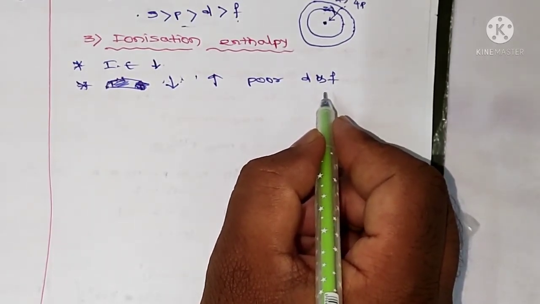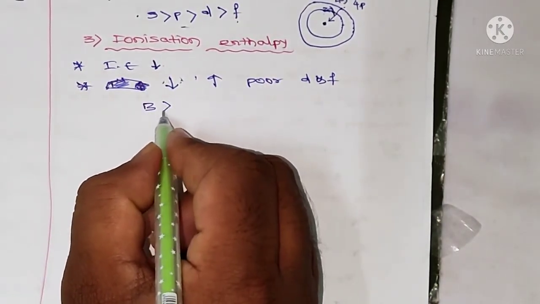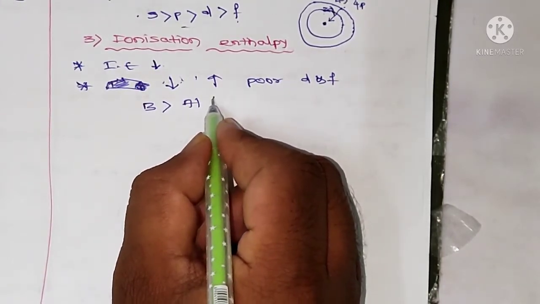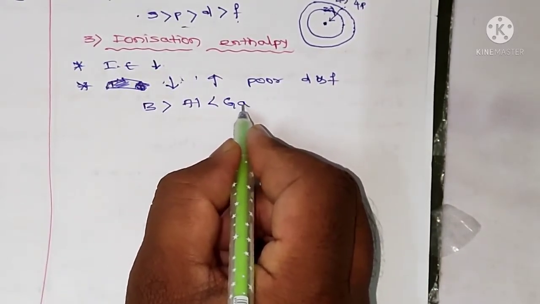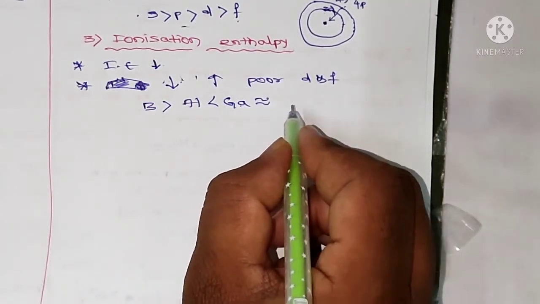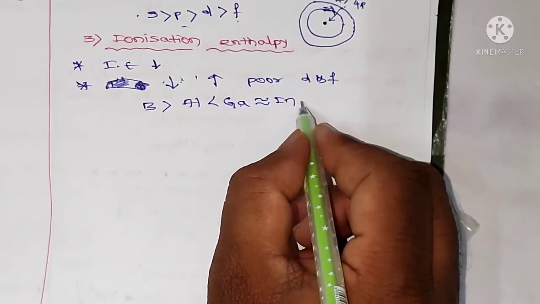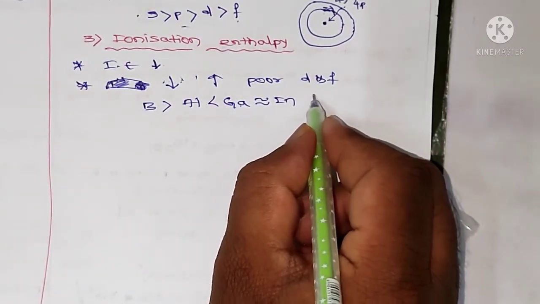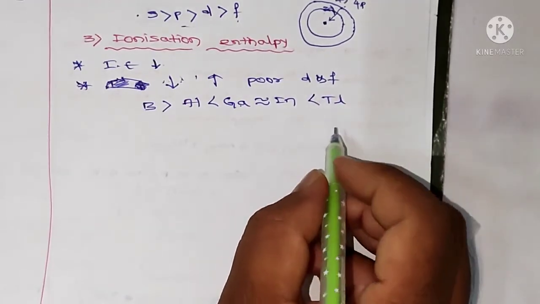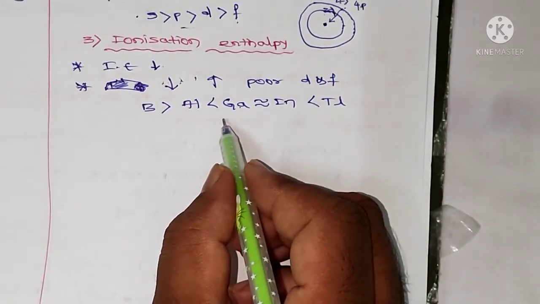So the ionization enthalpy order is boron more than aluminium, then aluminium less than gallium, and gallium and indium are approximately the same, and indium is less than thallium. So this is the ionization enthalpy order in the 13th group.